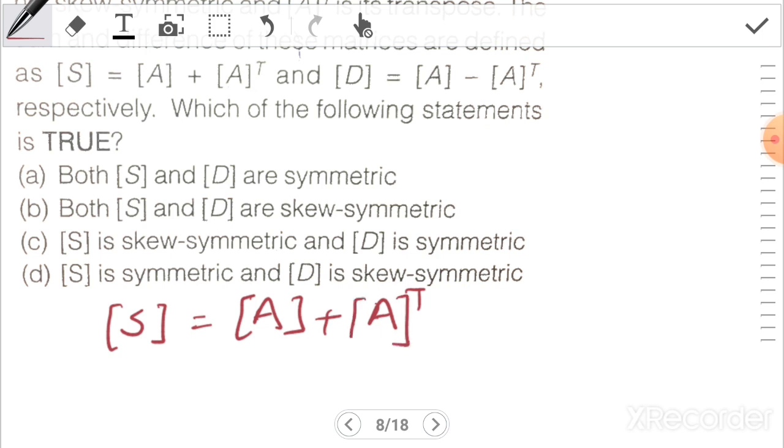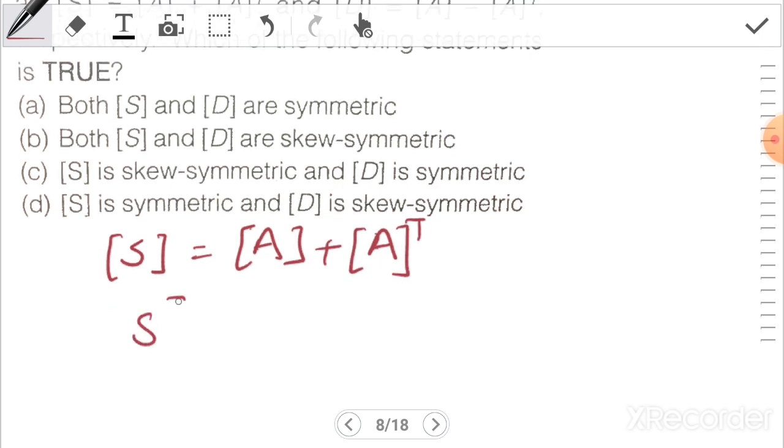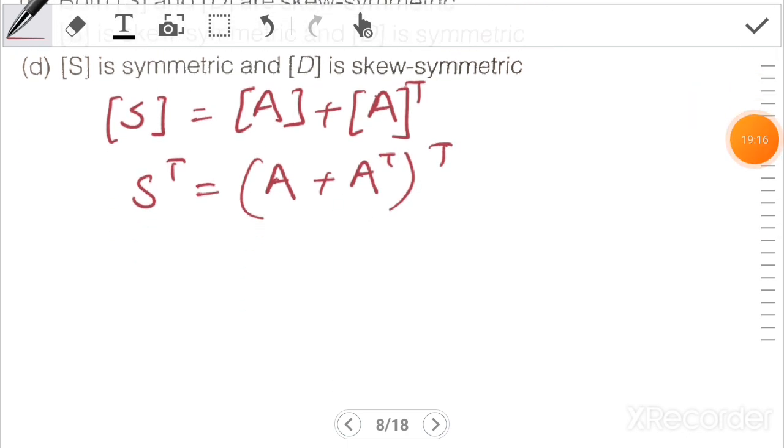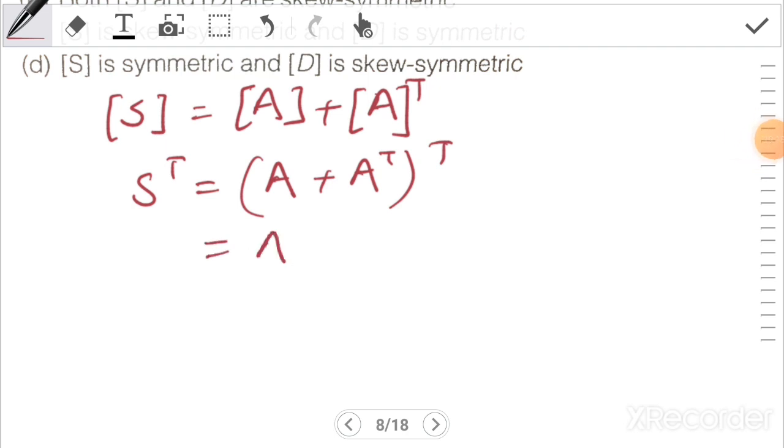Let us find S transpose, which is (A plus A transpose) whole transpose. So A transpose plus A transpose of transpose.